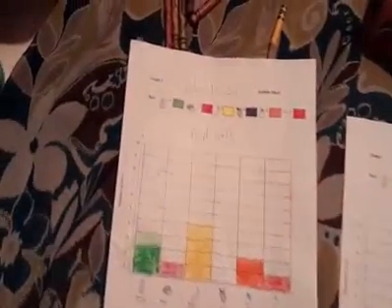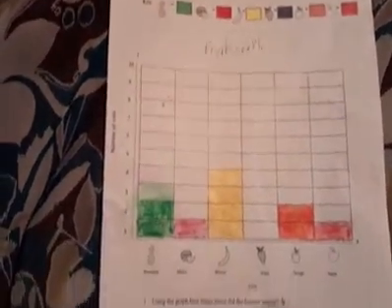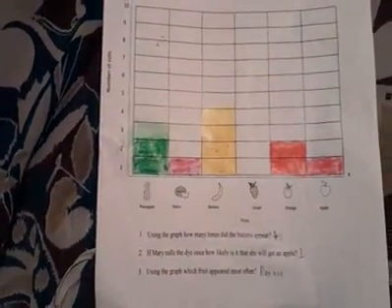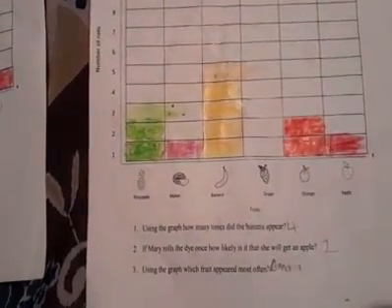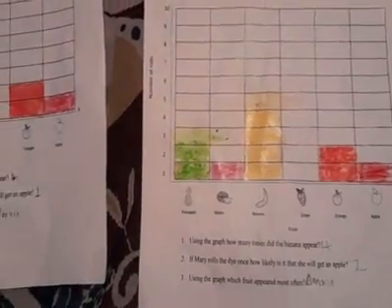Here I have the completed graphs done by the students. As you can see, the objectives have been clearly met.